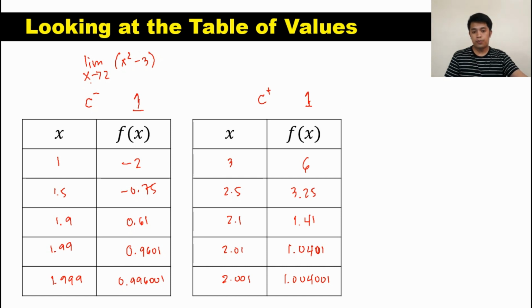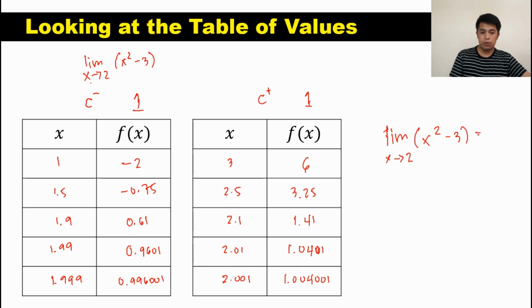So, 1. Now, since parehas ang left side ug ang right side, or atong ginatawag nga one-sided limits, then our limit is equal to 1. Therefore, we can say that the limit of x squared minus 3 as x approaches 2 is equal to 1. This is our final answer.